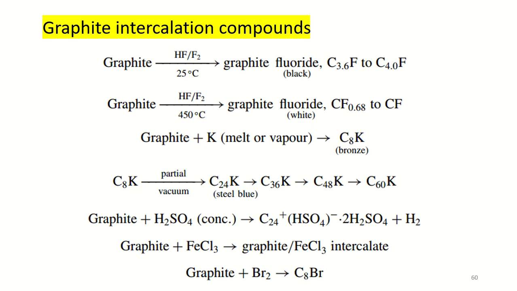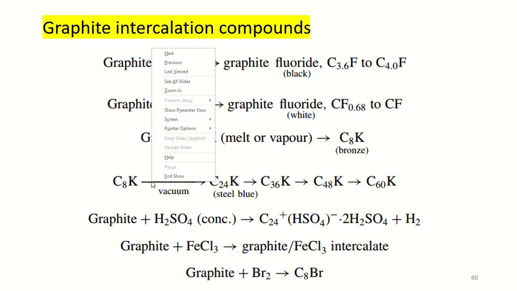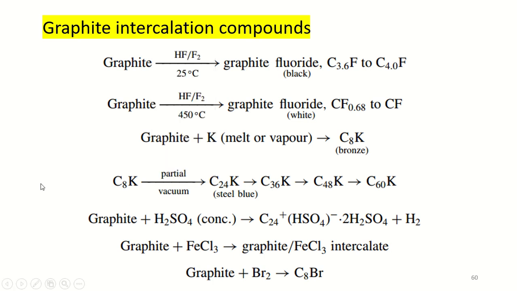Thus, C8K, which is bronze, forms on exposure of graphite to the molten potassium, which may be subsequently removed in stages under high vacuum. These reactions are reversible because the structure and planarity of the carbon layers are essentially unaffected by intercalation.